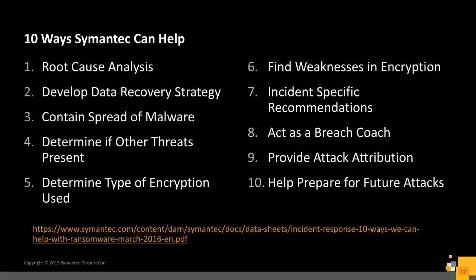Three, contain the spread of malware. Darren mentioned before that we know how ransomware works. It lands on a system, it runs, it encrypts files of various types, leaving the machine running so it can display its message. But more importantly, that ransomware may try to spread to additional machines, not meaning encrypting files on additional machines.